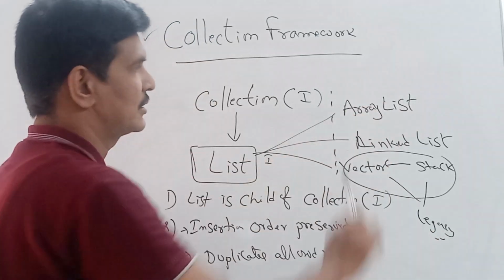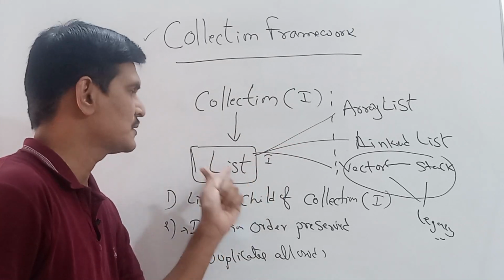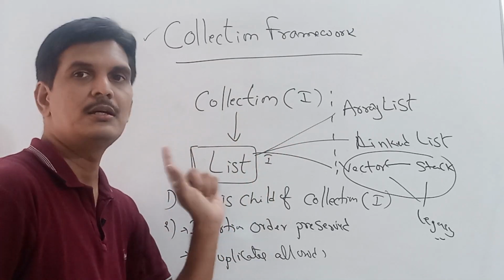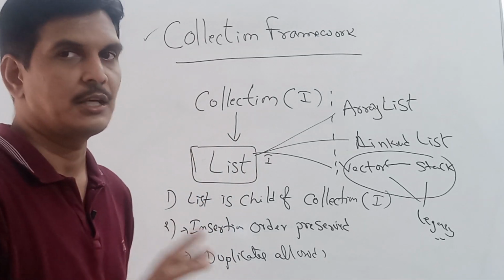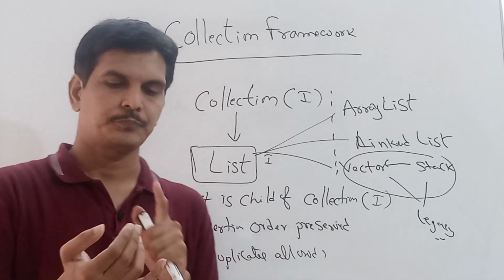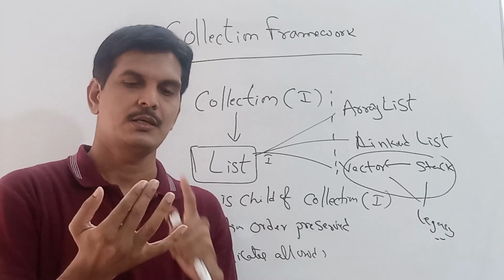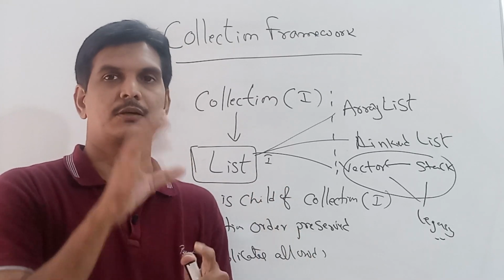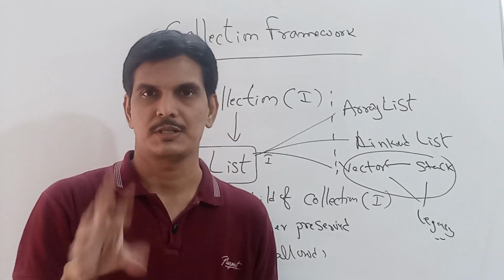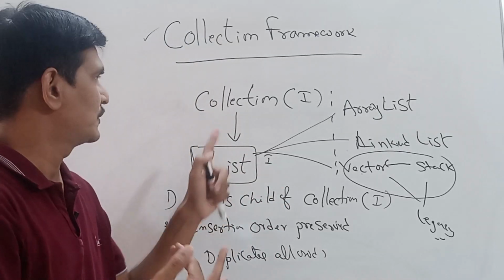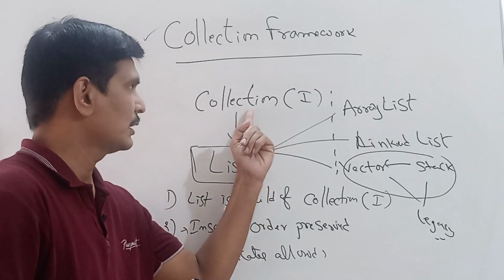These are the classes which are implemented based on the list interface, and the list interface is a child interface of the collection. So far we have seen two interfaces in the collection framework. One is the collection interface, which is the parent interface for all other collections. Inside it we have common methods which are useful for all other collection objects. The second is the list interface, which is derived from the collection interface.